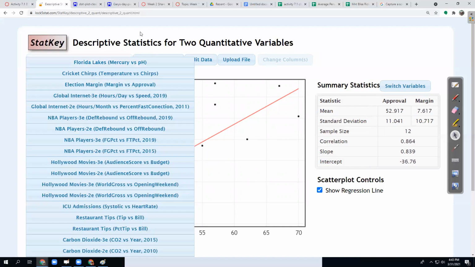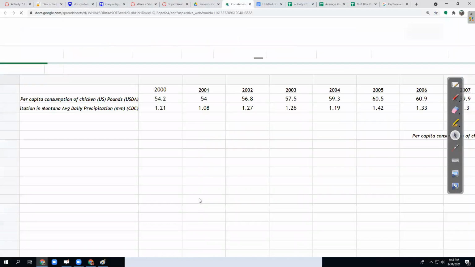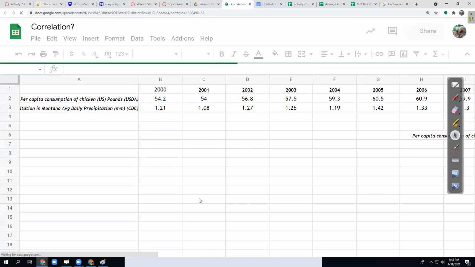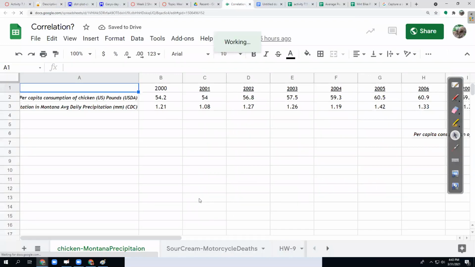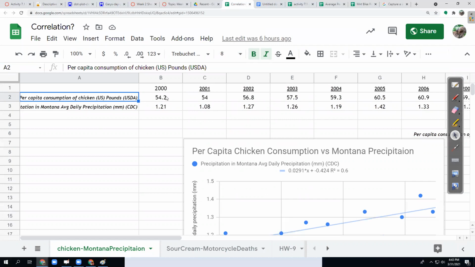All right, let's see, I want to show you an example of nonsense correlation. So I found somebody who collected some data on the per capita consumption of chicken in the US. So in the year 2000, the average person ate about 54 pounds of chicken each year.